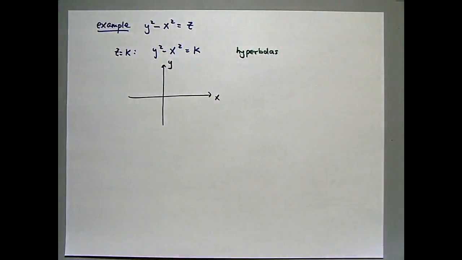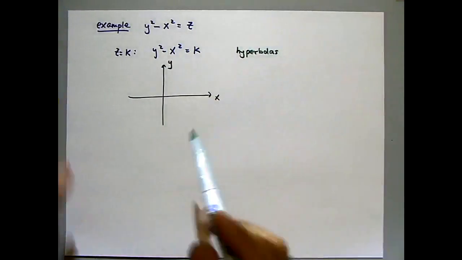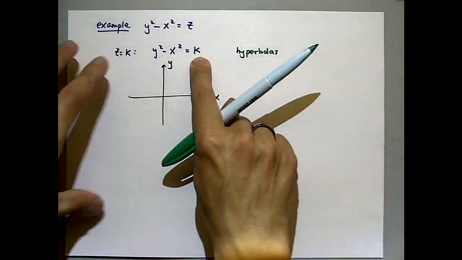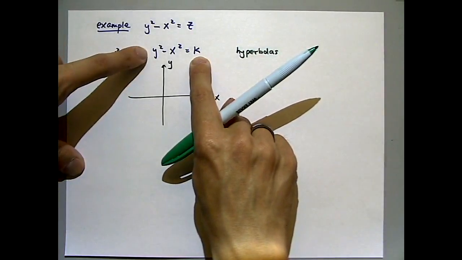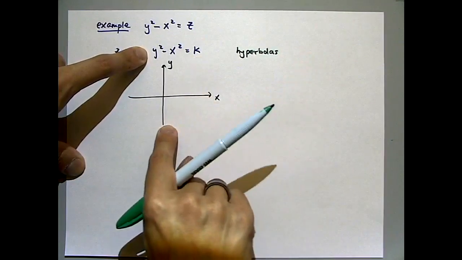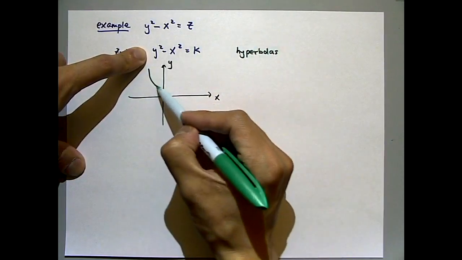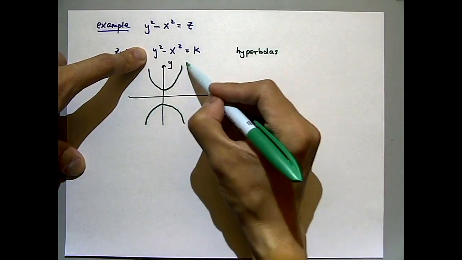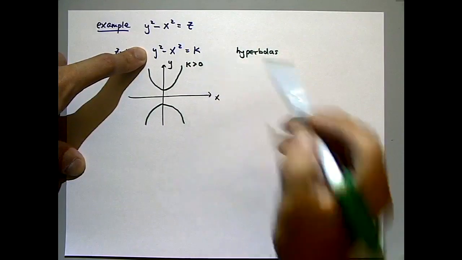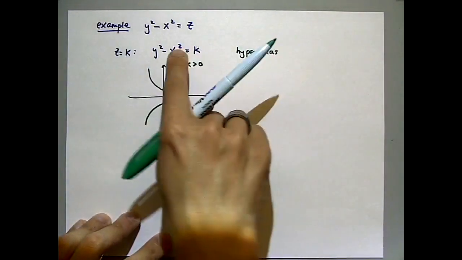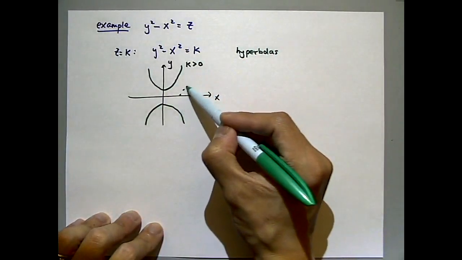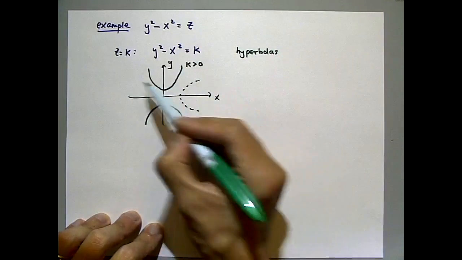And depending on the value of k, it's going to change which axis the hyperbolas will intersect. If k is positive, then the hyperbolas intersect the y-axis. This is a positive k. A negative k means that the hyperbolas will intersect the x-axis. So I'll use dotted lines for that.